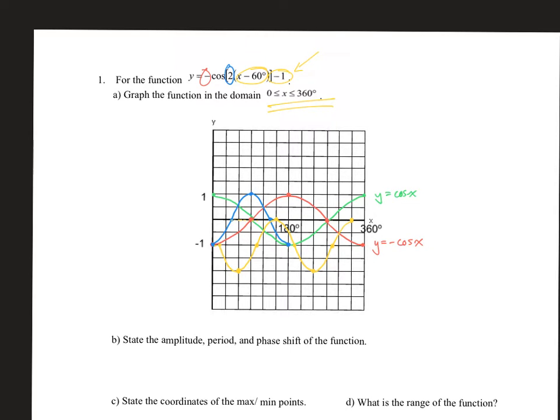Now here's where I run into a little bit of an issue. I don't know where the rest of my graph should finish off or start. I have this little bit at the beginning of my domain that I need to fill in, and I have this little bit at the end. And I don't get to guess where that curve should go.